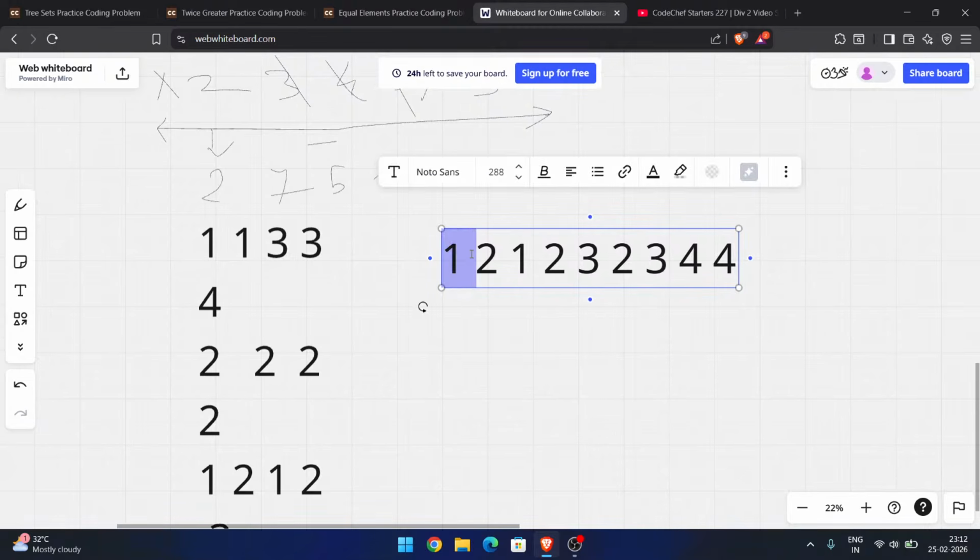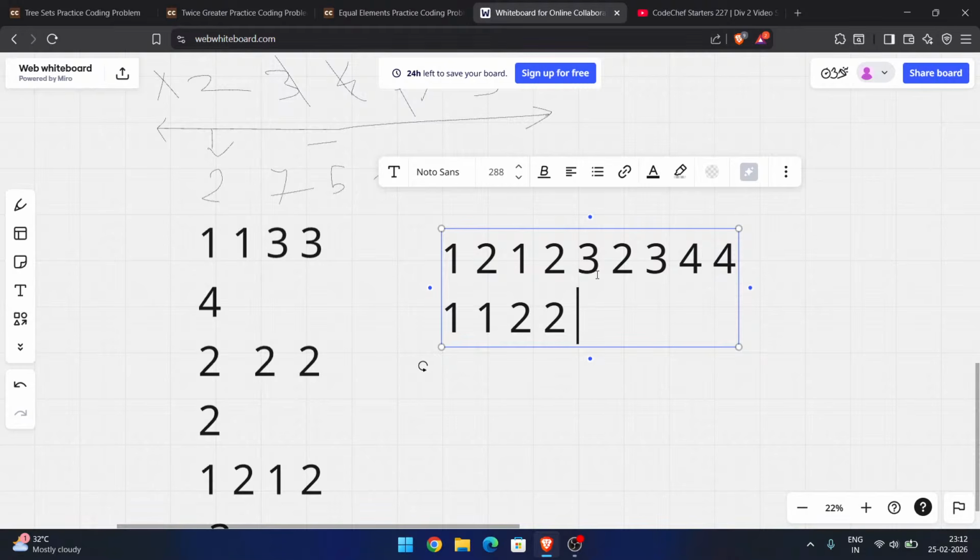Suppose I take this one. Then what is the next element I should take? It should be this only, so it would be 1. Now if I take these two, what is the next element I can take? It is 2 only. Now we have reached here. What is the next element I can take?